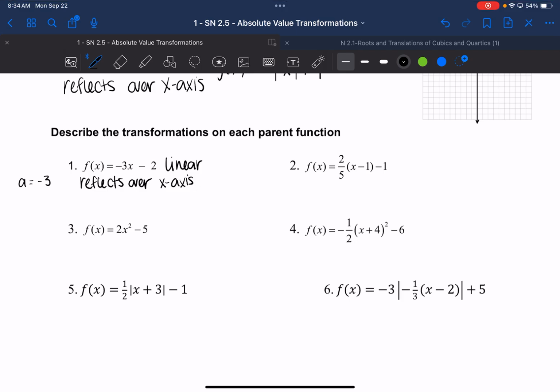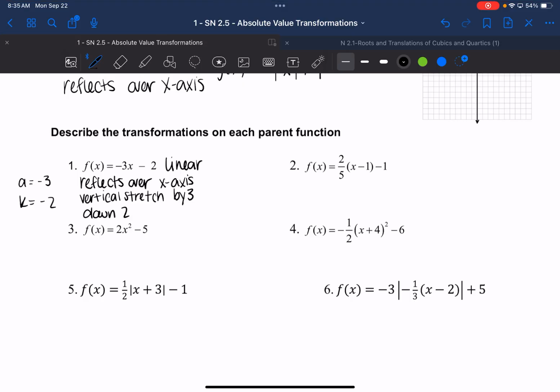When it's a number larger than 1, what do we say on the front page? Vertical stretch. Very good. So we have a vertical stretch by 3. Okay. Do we seem to have anything for an H value on this one? Do we seem to have anything for a B value? Okay, so we don't have to worry about H and B. Do we have anything for a K value? Yeah. What is our K value? Which means what? Good.